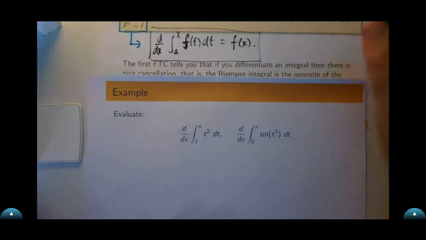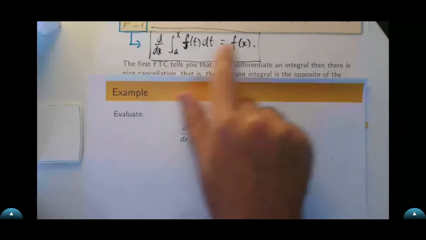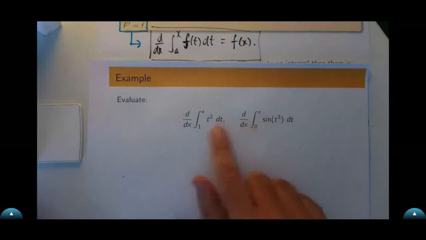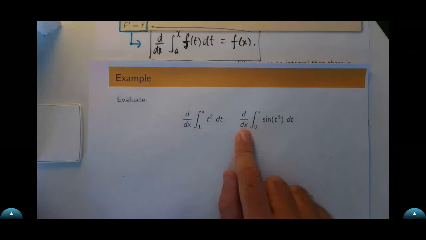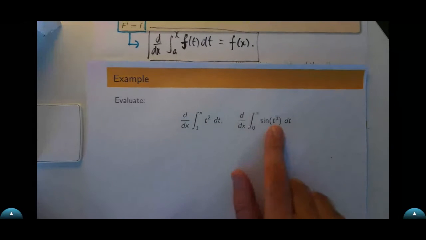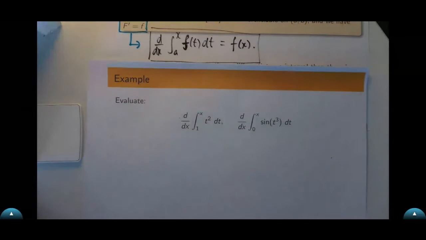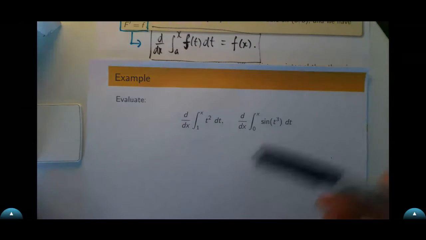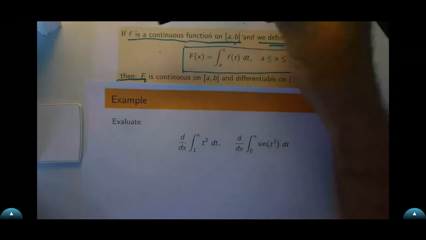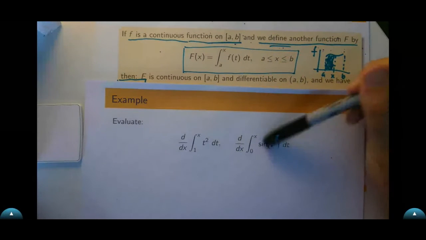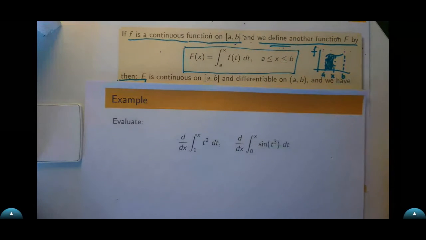All right, so I can do that just there. So this is the really important thing. All right. So here are two integrals that we want to differentiate. You can see in both integrals, the dummy variable is t, okay? So let's see. If I want to differentiate this, the fundamental theorem says, okay, well, I want a continuous function. That's always continuous. That's always continuous.